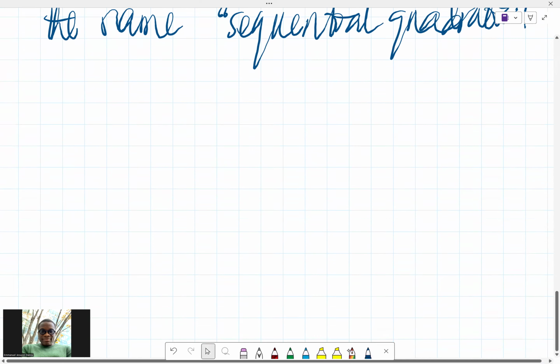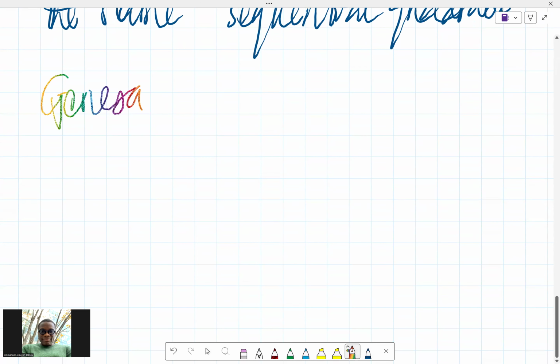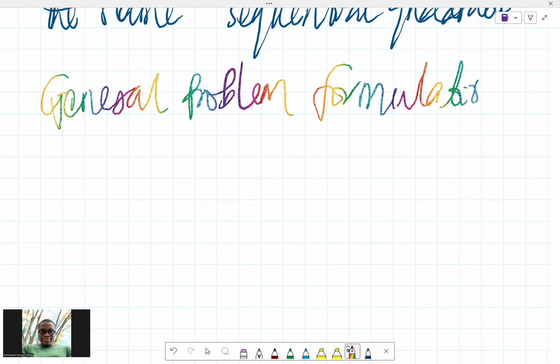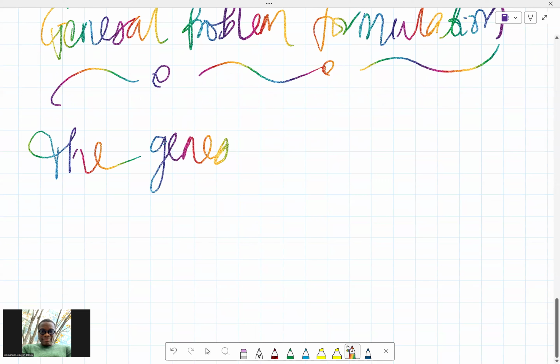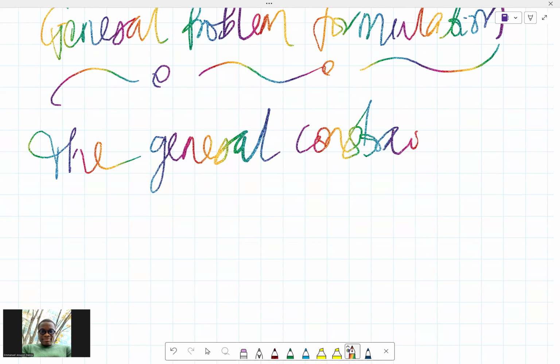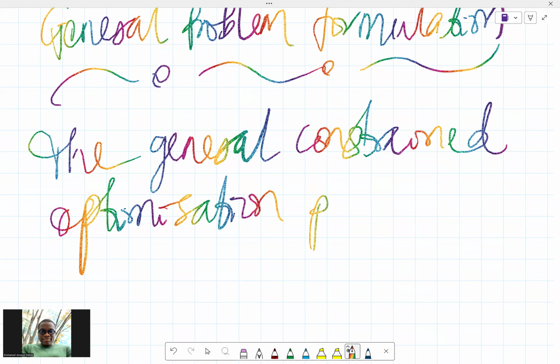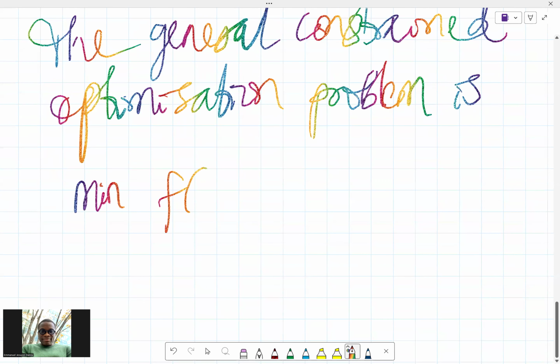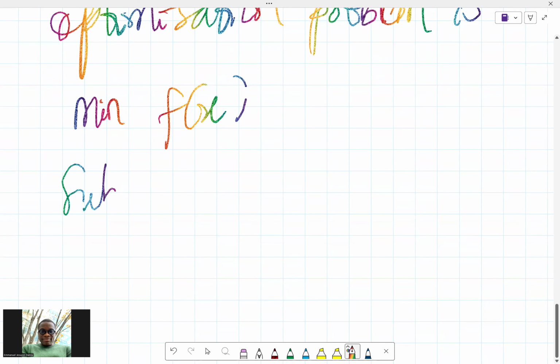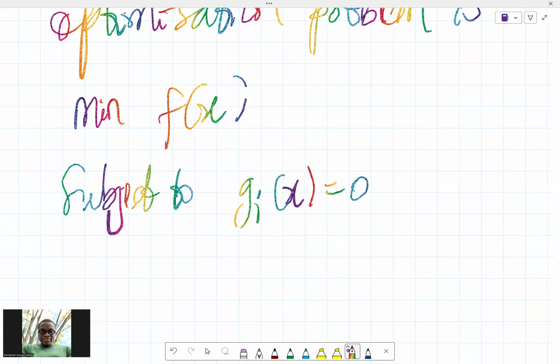All right, let's look at the general problem formulation. The general constrained optimization problem is: minimize f of x, subject to gi of x equals 0, where i is from 1 to m.